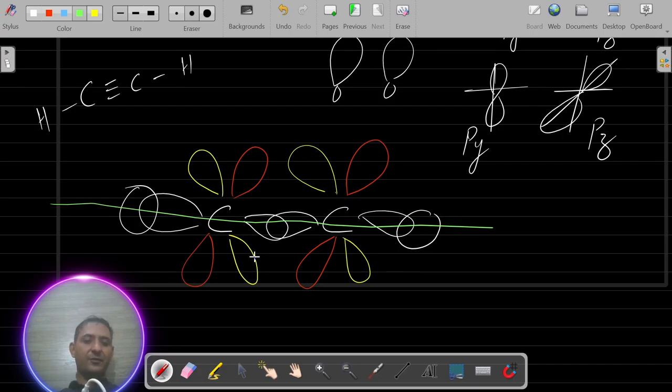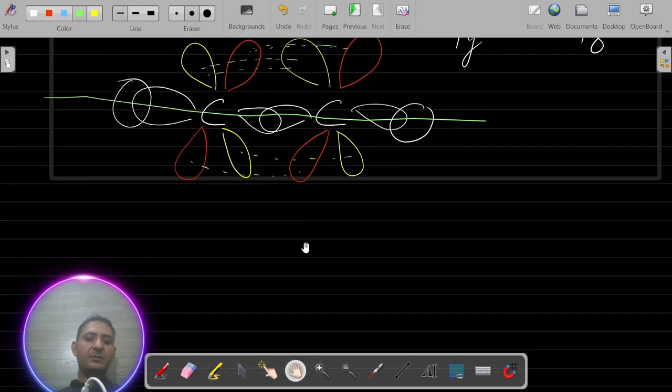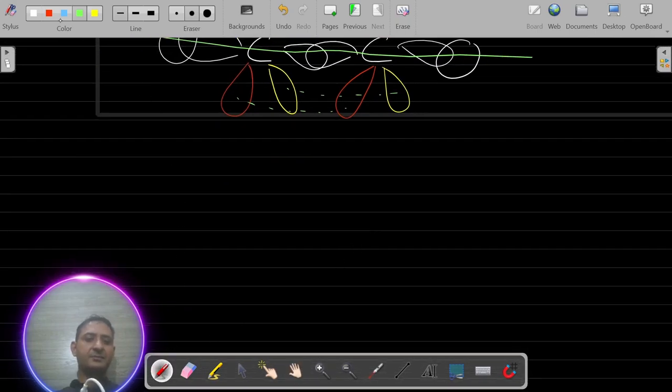Now carefully, this yellow makes a bond with this yellow one, and the red one will overlap with this red one. So you will get a pi bond and a pi bond, and in the middle you will get this sigma bond. Let me make it more clear for you.